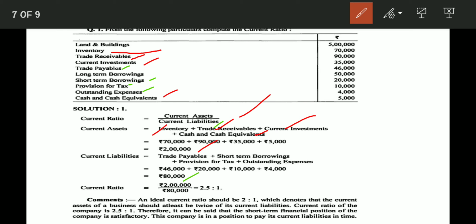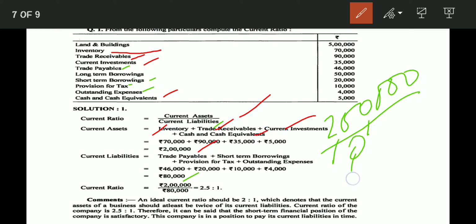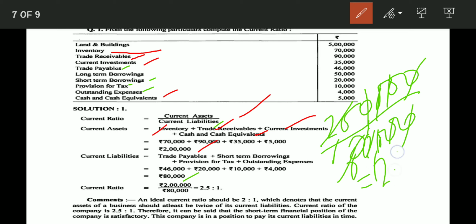You can calculate the ratio very easily: 2 lakh divided by 80,000 is 2.5 to 1.